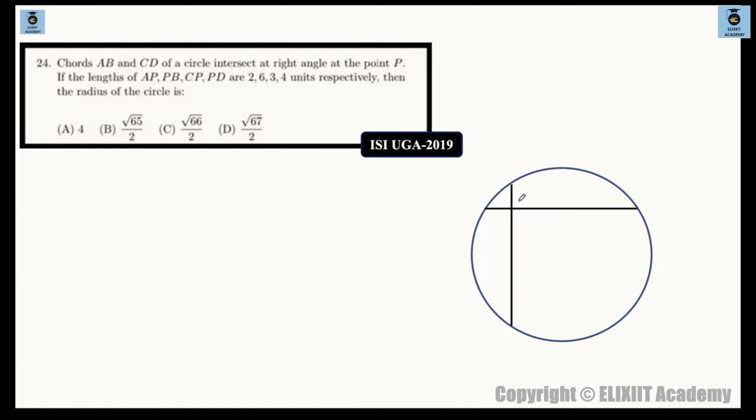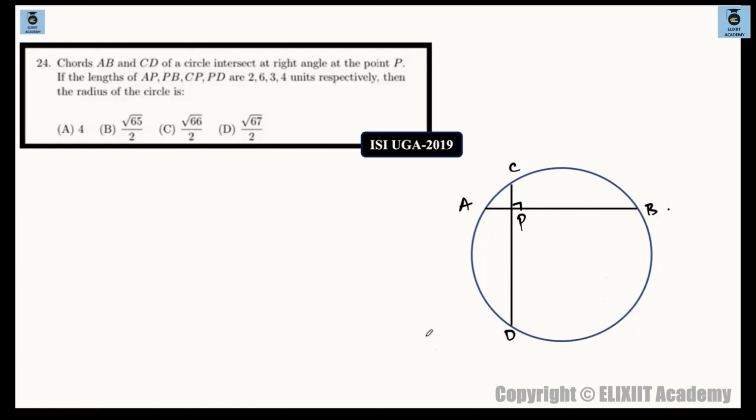Let's name the chords. Suppose this chord is AB and this is chord CD, and they are intersecting at the point P.